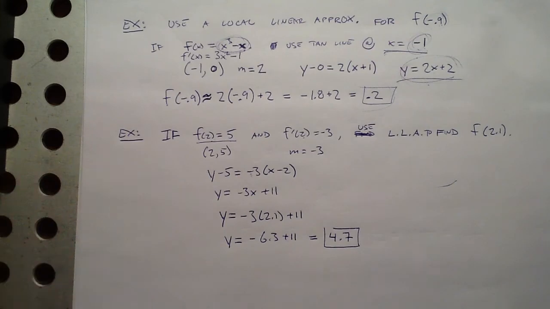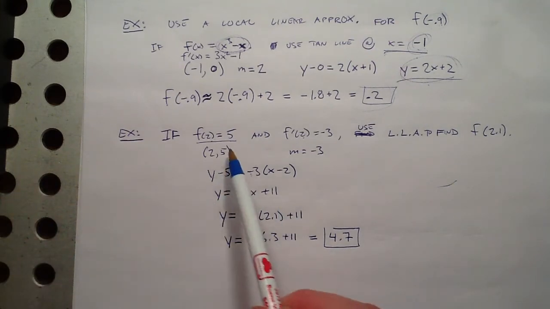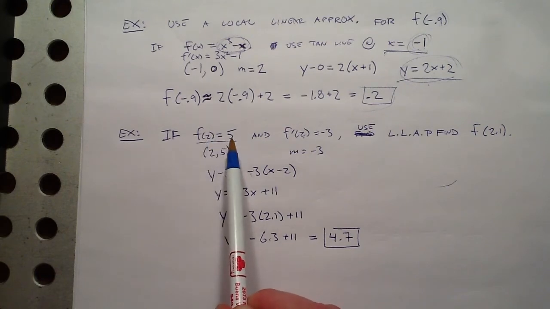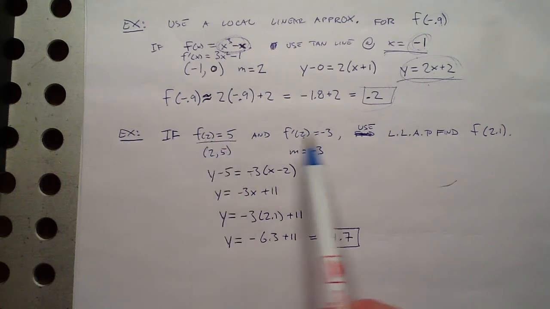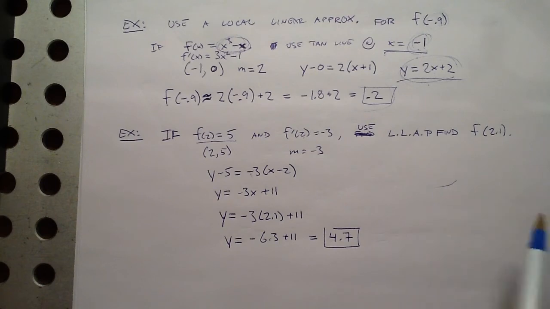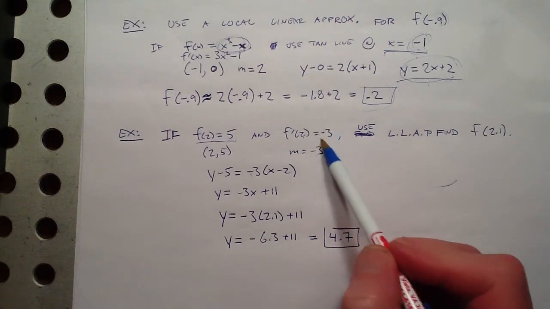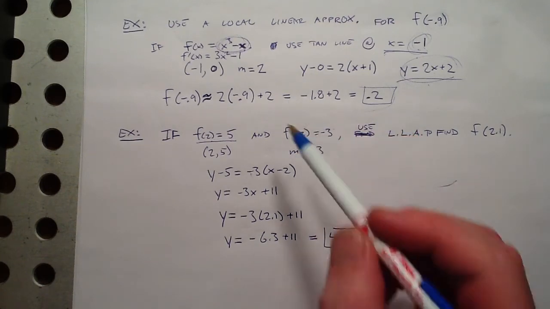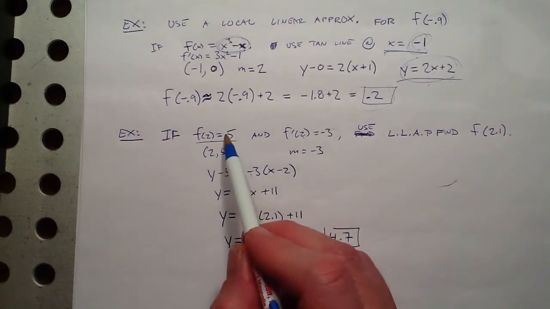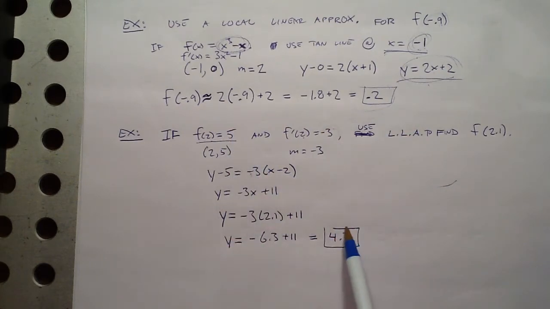There you go. Might be worth just looking to help your intuition here. If f of 2 was 5, and we were looking for f of 2.1, a little further over, and the slope is negative, well, that means the function is decreasing, right? So it makes sense that it's a little bit lower, right?